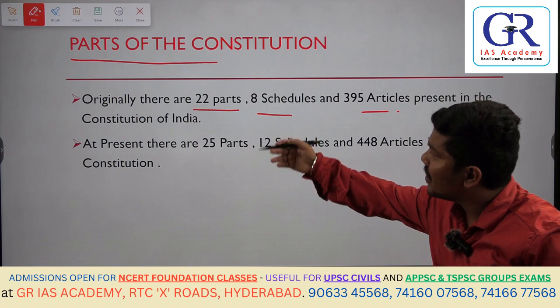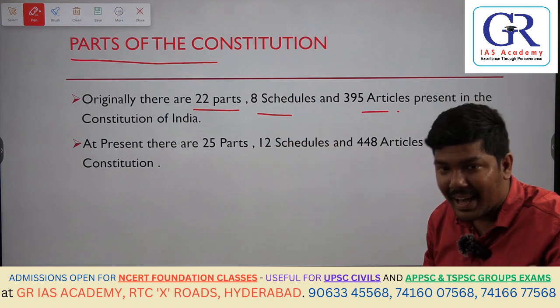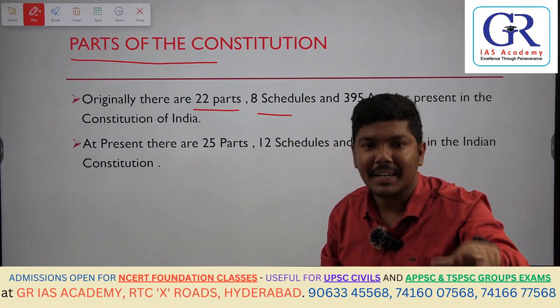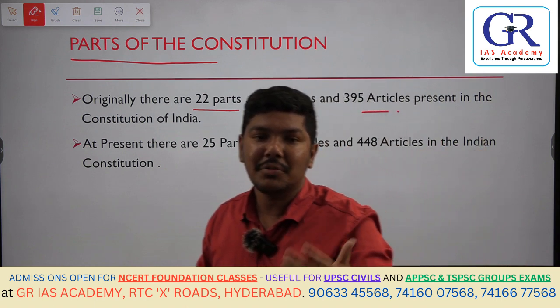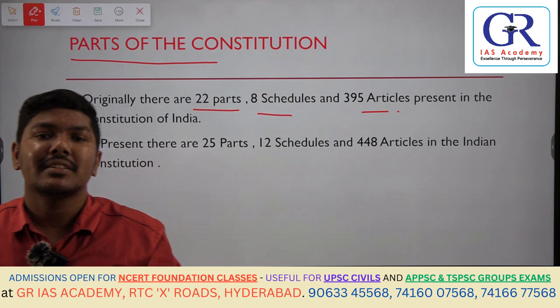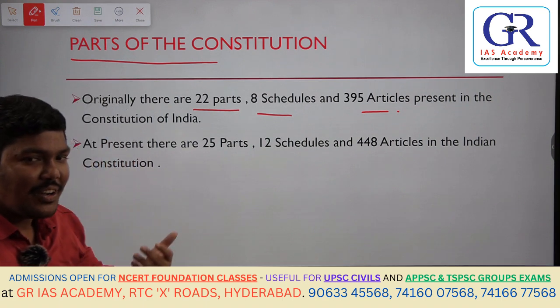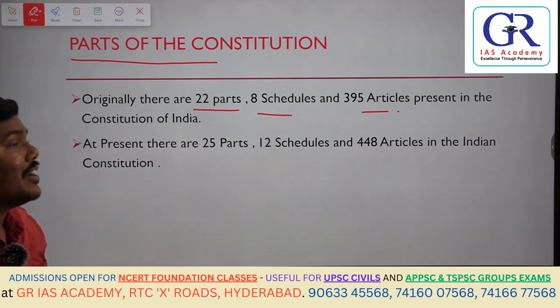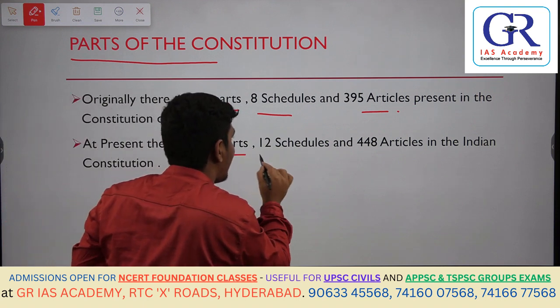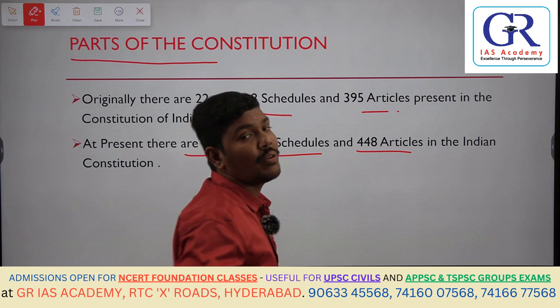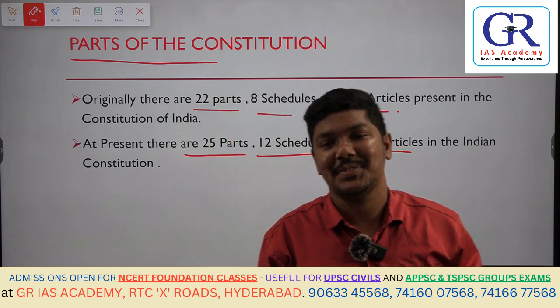However, we already know that the Parliament has the power to amend the Constitution under Article 368 of the Constitution. Why? In order to adjust to the changing circumstances of our society. So it thought to amend it, and accordingly after so many amendments, the present status is that we have 25 parts, 12 schedules and 448 articles in the Indian Constitution.